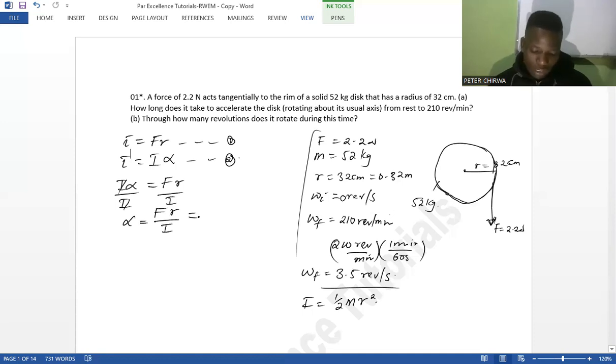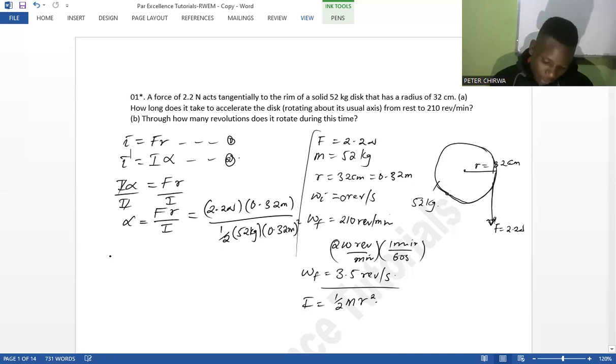Now, the force is 2.2 Newton, multiplying by the radius, which is 0.32 meters, over the inertia, which is half the mass of the disk, 52 kg, and the radius, 0.32 meter squared. So what will be our angular acceleration?